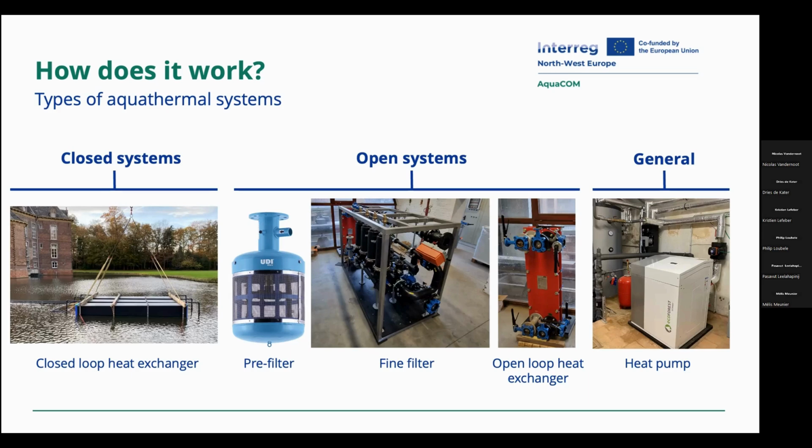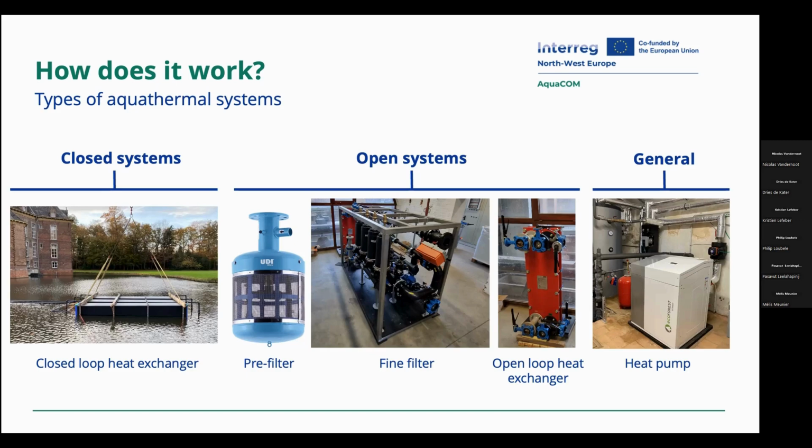In case we work with an open loop system, then the installation is more complex. In that situation, we have as a first part a pre-filter in the water. That's our inlet point. We will take the water from that point, and the filter is connected to a pump. It's pre-filtered to avoid that large particles enter the piping of the entire system. So we have a filtration at that point of around 1 millimeter, 1.5 millimeters.